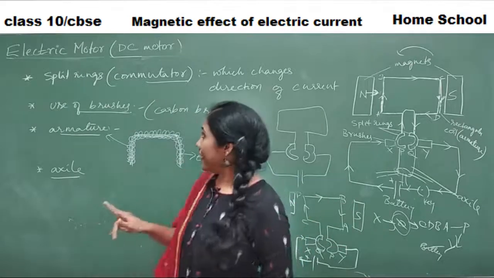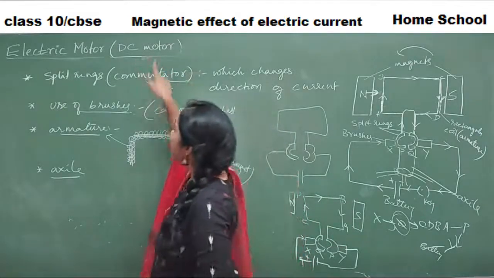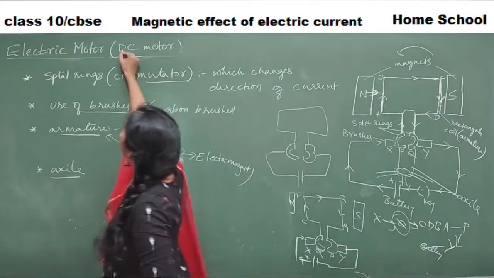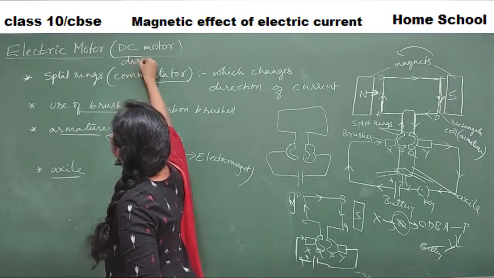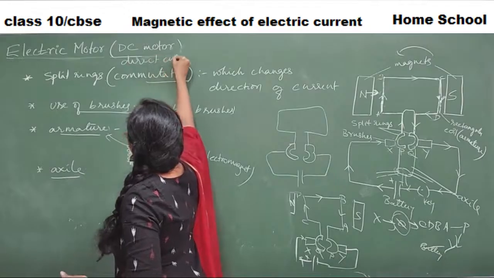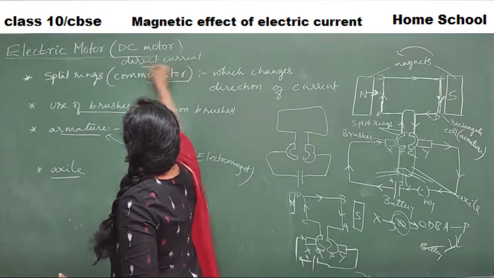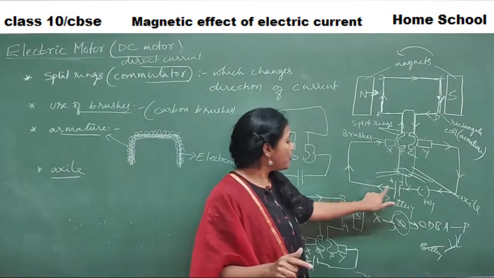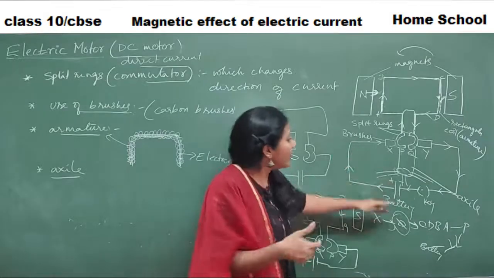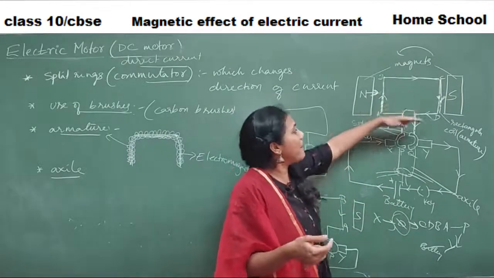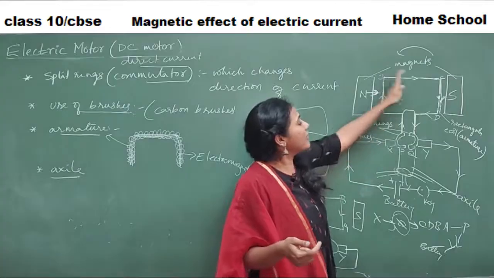Okay, one thing is why it is called a DC motor. What is the meaning of DC? DC in the sense direct current, guys. So what do you mean by direct current? You can ask me a question that, ma'am, here the current direction gradually changes.